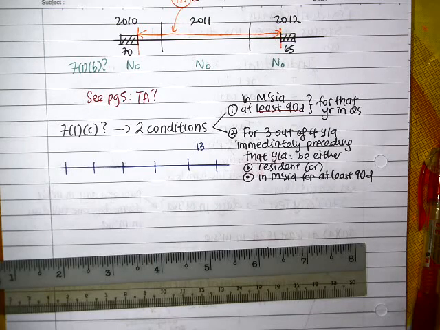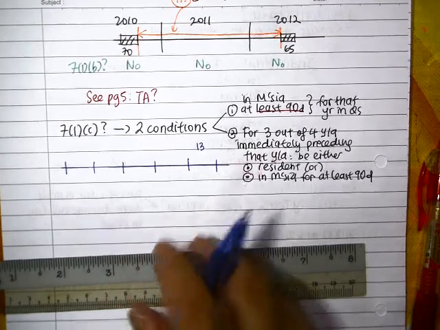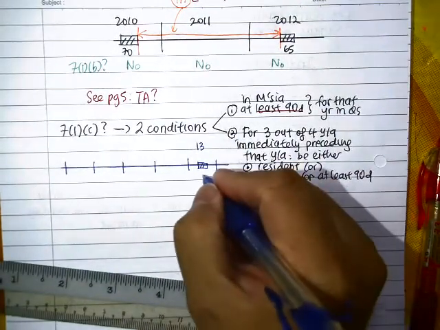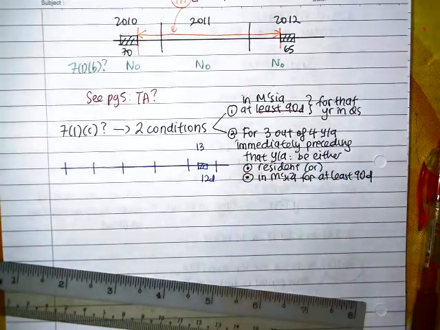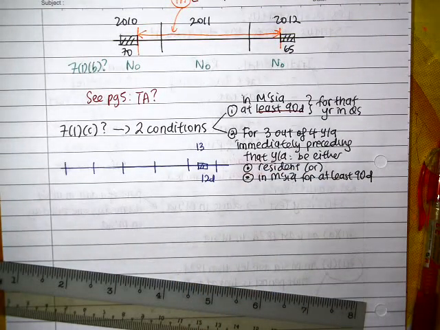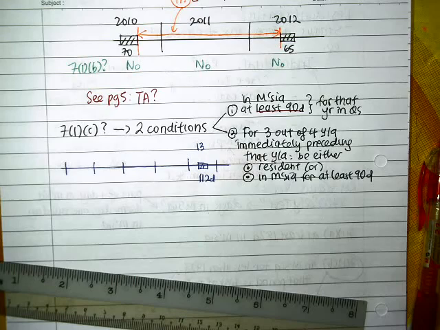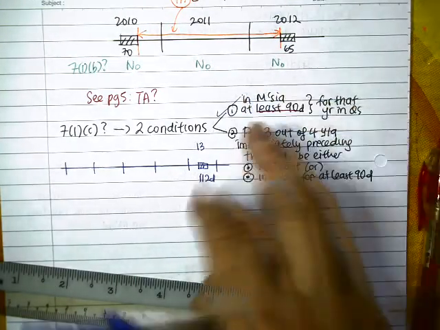So if I tell you in 2013, let's say you're in the country, for example, for only 12 days. But then you can't use 7.1c because you need to have minimum 90. Hold on, okay? Now let's say I change it. I have 112 days. Okay, so my first condition fulfilled.